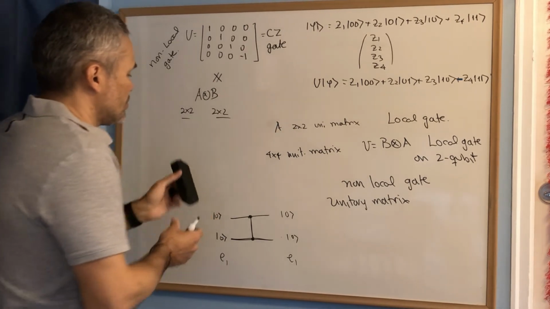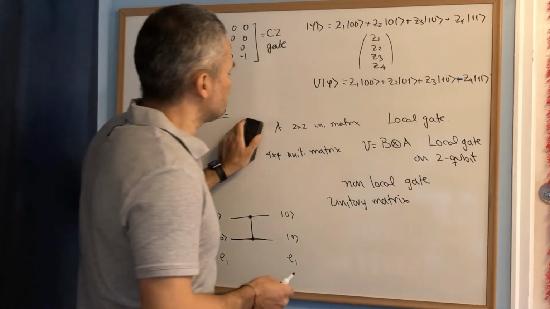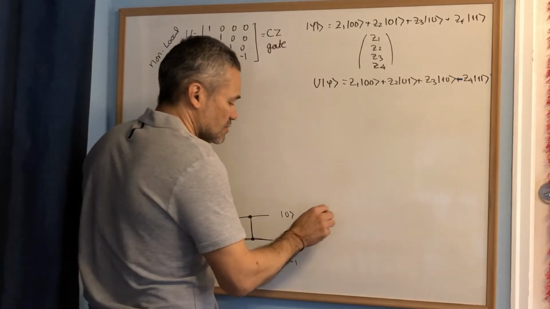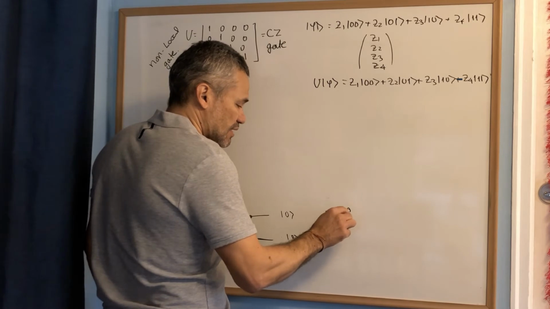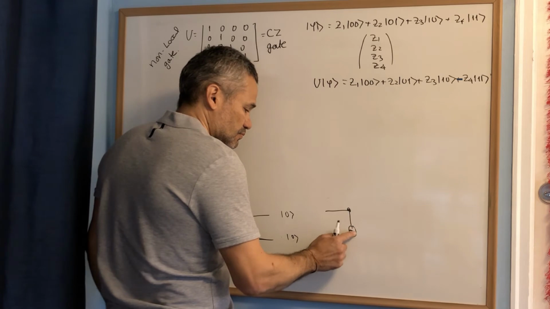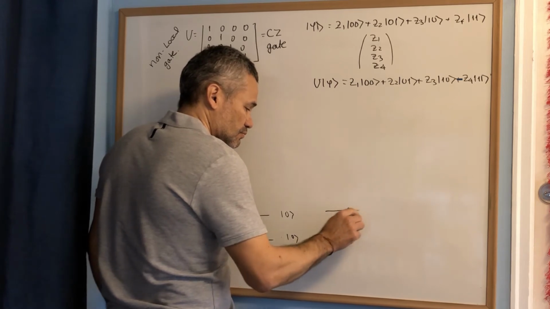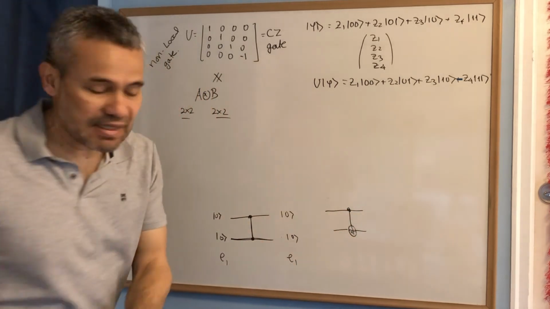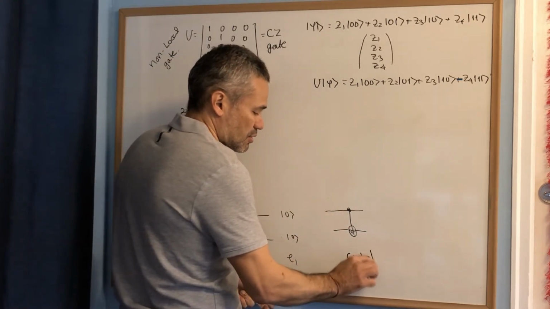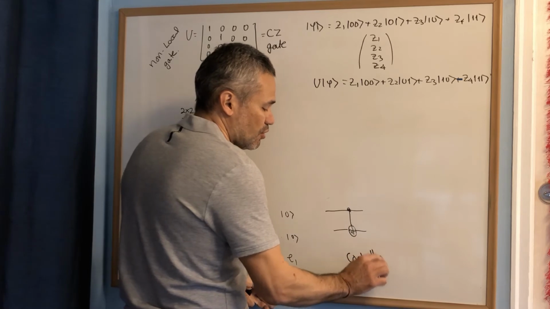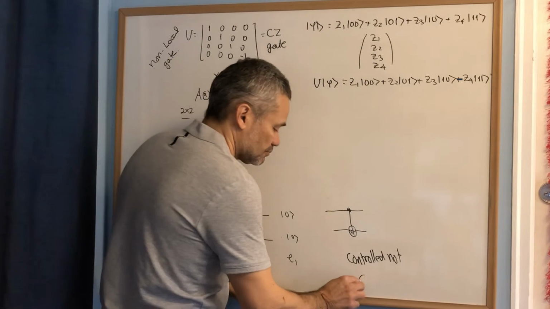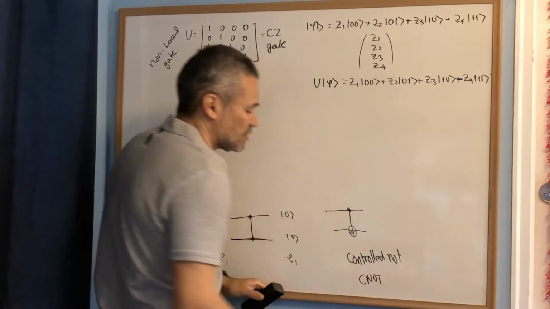There is another notation that is very well known, and it is this one. Let's suppose there is a dot here and a plus here. This is called a control NOT, or a CNOT gate.